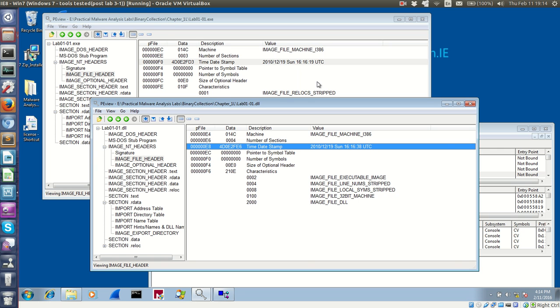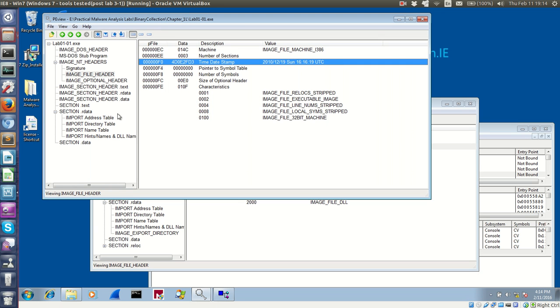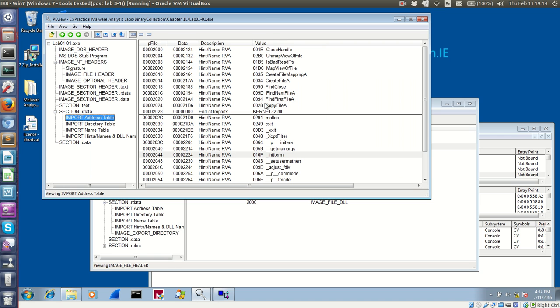The next question, are there indications that these files are packed? So there's two things I looked at here. We'll just look at the .exe. If we look at imports, number one, we see a lot of imports, where if something is packed, you may not see a lot of imports, but we are seeing all these imported functions.